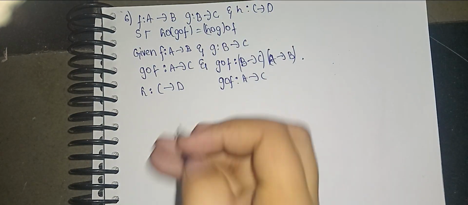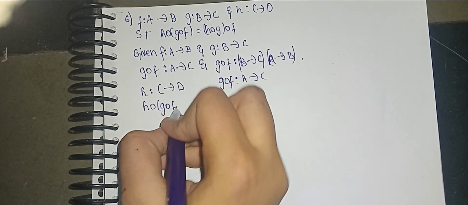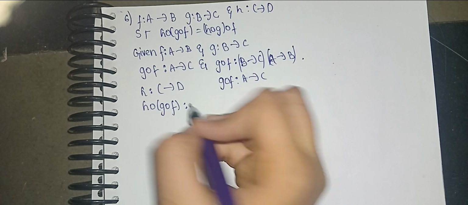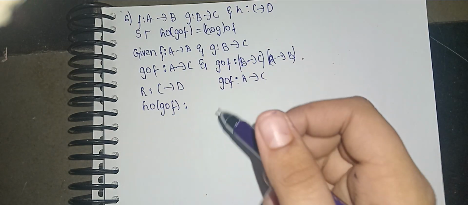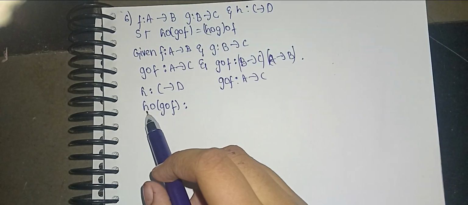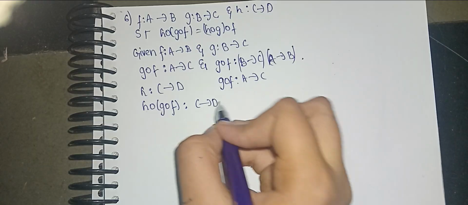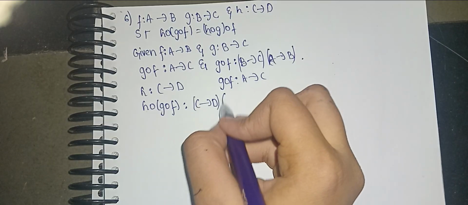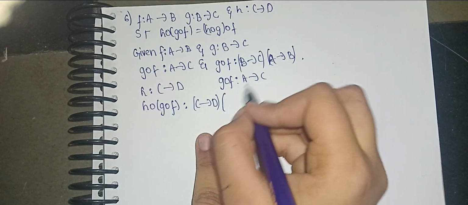Then H circle, G circle F is, H is C to D, of what is G circle F?